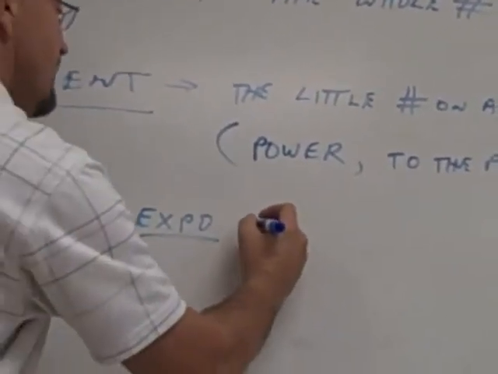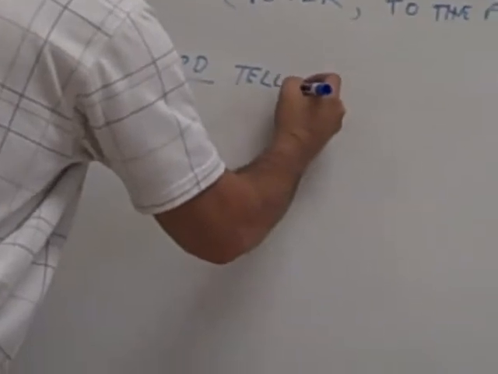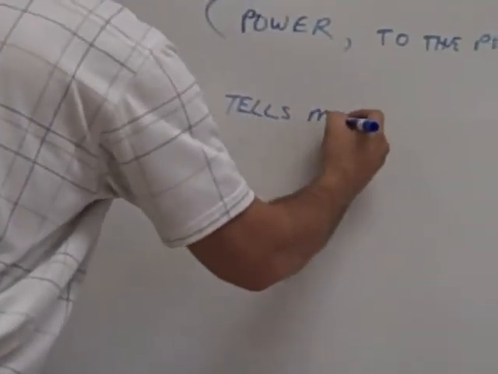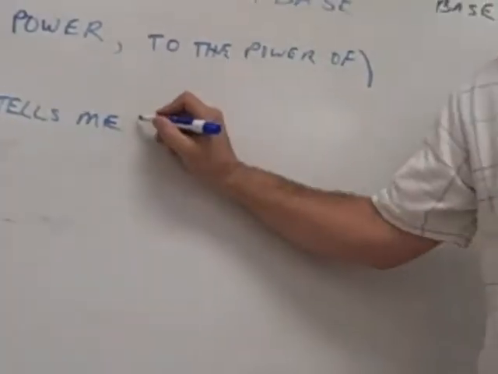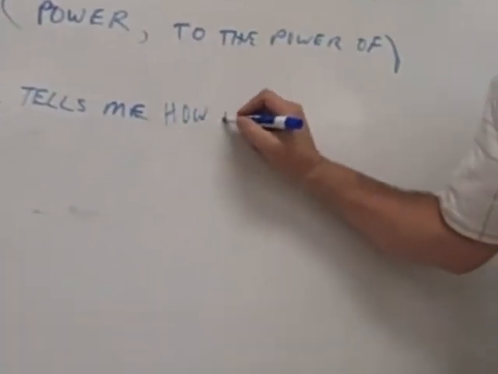The exponent, I've abbreviated it for notes, the expo, tells me how many base numbers to write down and multiply.